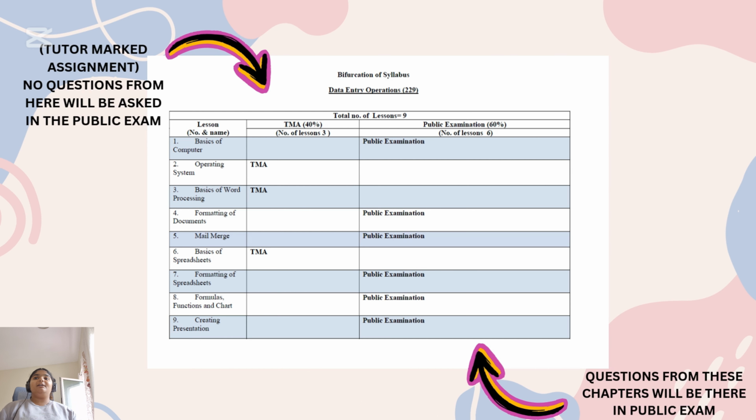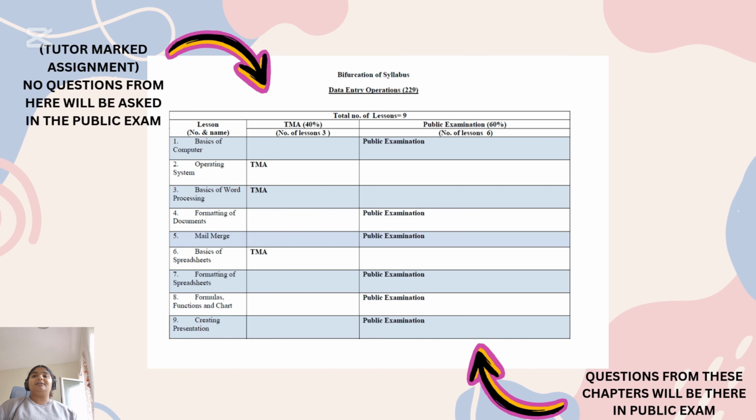So the TMA has 40% of the total portion in your data entry operations. The thing about TMA is that there will be no questions from these chapters in the public exam. Since it's 40% of the portion, there will be 3 chapters reserved for the TMA and the rest 6 are reserved for the public examination, which makes it a total of 9 chapters.